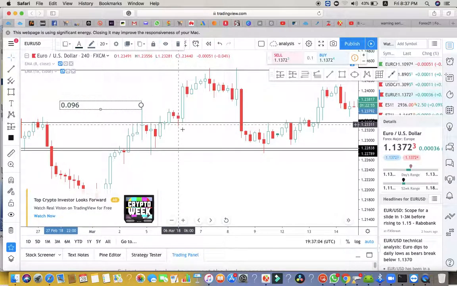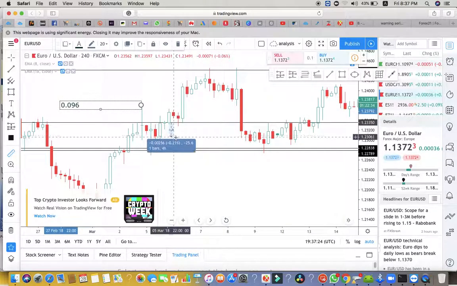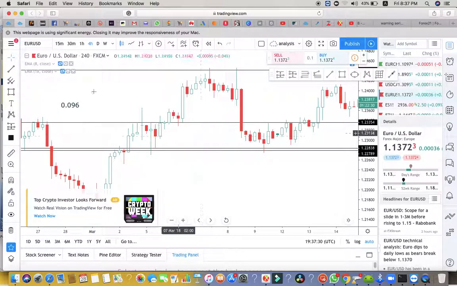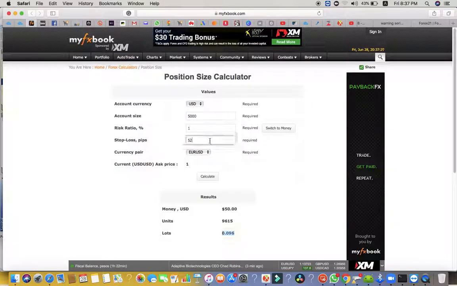Okay, so now looking at this, let's say you place your stop loss below the V. You understand? If you had placed your stop loss below the V, this would have been the lot size that would be 1% of your account. But what if you are aggressive and you had placed your stop loss below the trigger candle, which is about 32? If that was 32, everything remains the same. $500, risk 1%, it must be 1%.